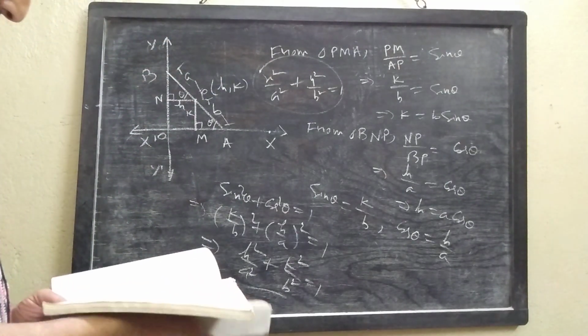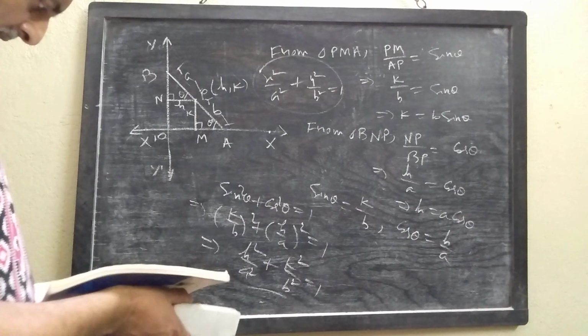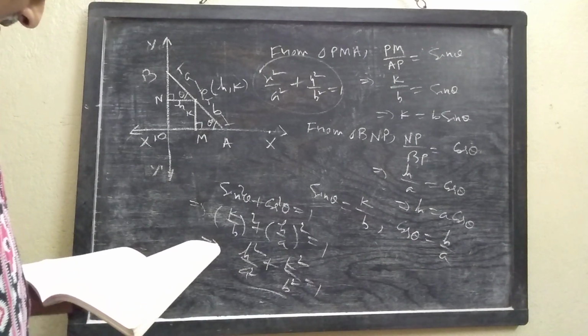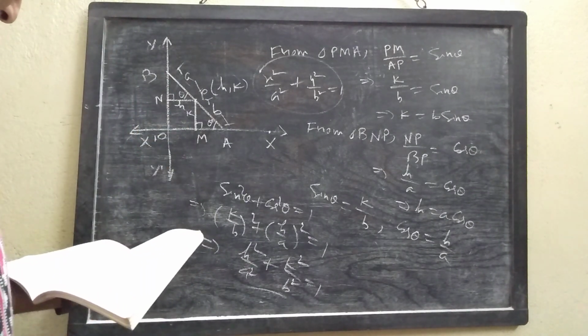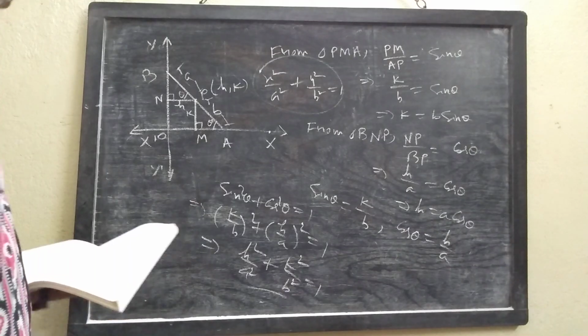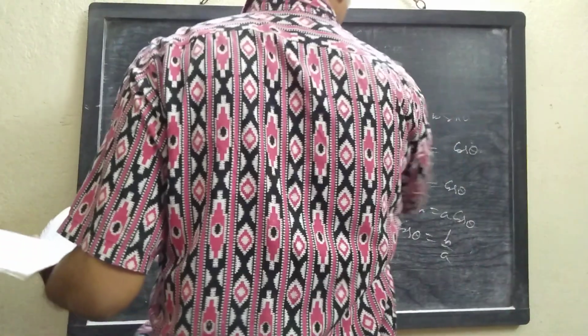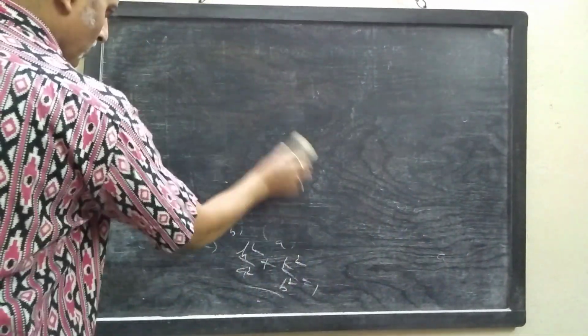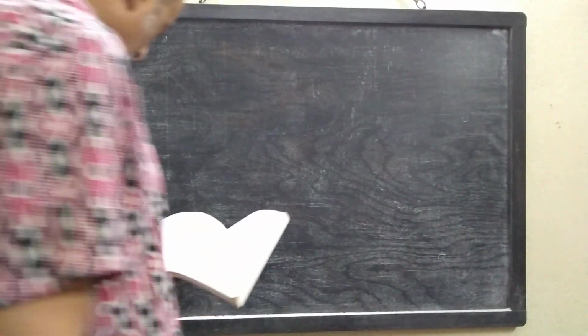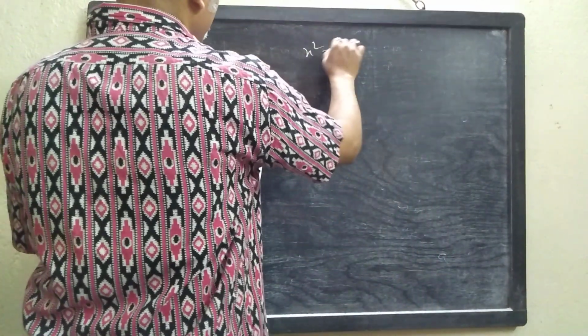Next question. If O is the origin and Q is a variable point lying on a curve, the equation of the curve being x square equals 4y, find the locus of the midpoint of OQ. The equation to the given curve is x square equals 4y.